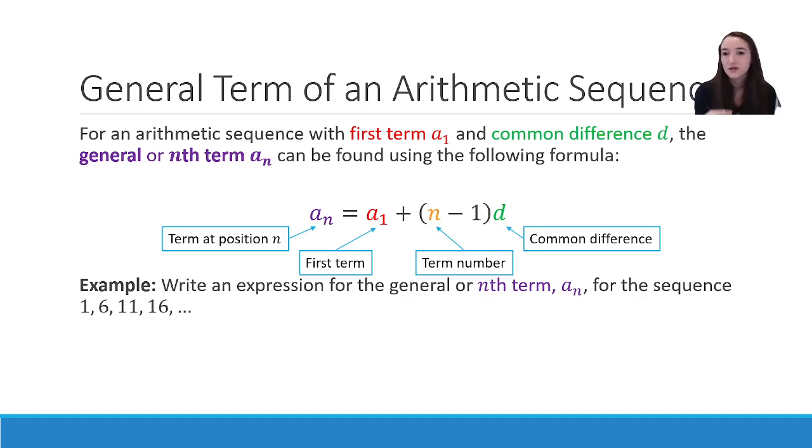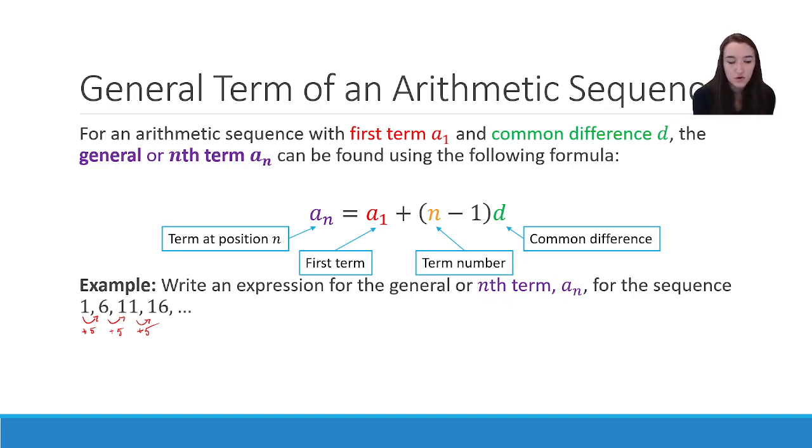How would we find out? Well, you just test for the pattern, right? Arithmetic sequence means it has a common difference. So does this have a common difference? Well, we add 5, and would you look at that? I add 5 again, and I add 5 again, and yeah, it does have a common difference. So I can say that D is 5.